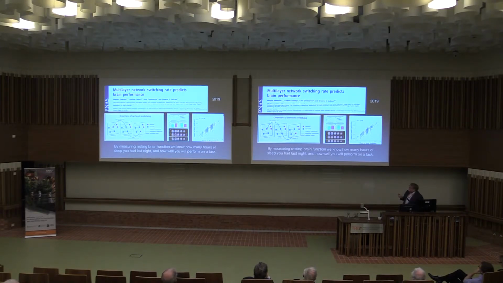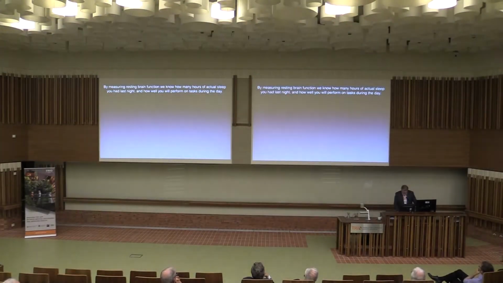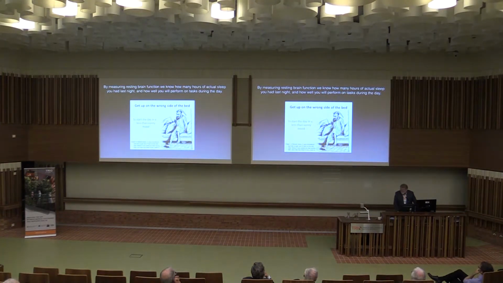And one of the things you see here is, quite remarkably, the switching rate predicts remarkably well how many hours of sleep you had last night. It also predicts very well how well you'll perform on an N-back task. This is from the Human Connectome Project, which is large data. So quite remarkably, it's very sensitive in normal brains to this phenomenon.